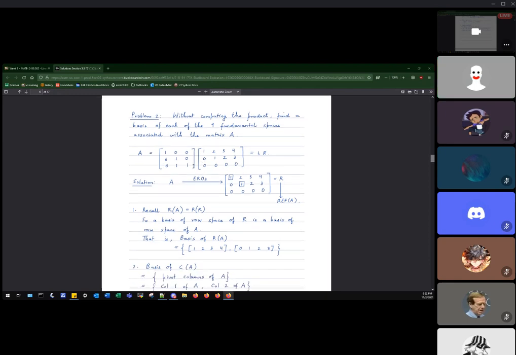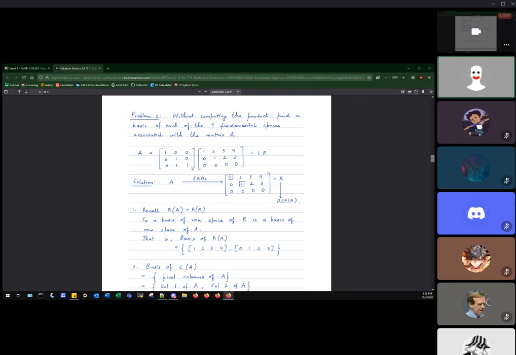The row space of the matrix that results from the product of these matrices is the same as the row space of this matrix, because this matrix here is basically an elimination matrix. It is lower triangular, which means it can be formed from elementary row operations.